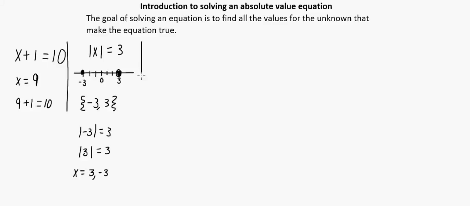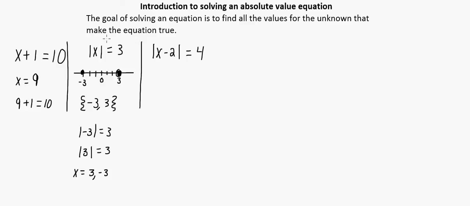This works just as well as if we had taken the absolute value of an expression like x minus 2. Say I take the absolute value of x minus 2 and I say that's equal to 4. So here's what I know.